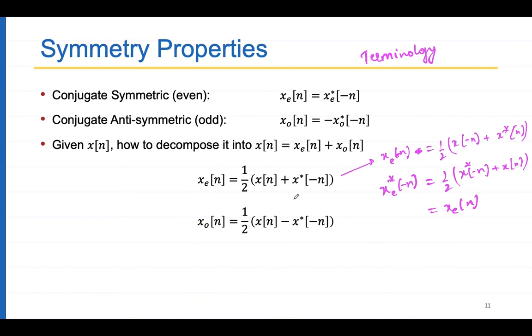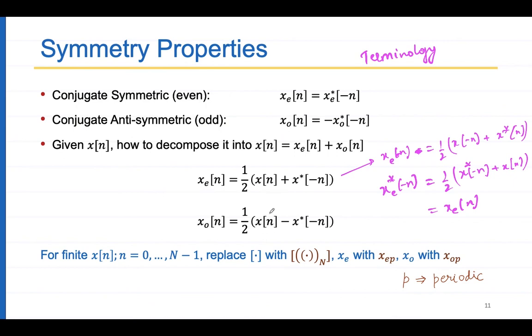And similarly, x odd of n can be defined like this: x[n] minus x star of minus n, over 2. This is true in general for any complex x[n]. Now, this is true for infinite x[n], but for finite x[n], just replace these terms by n modulo N. That's a simple change, and then x_e will become x_ep to signify a periodic boundary condition, or a finite length x[n] with periodicity assumed.